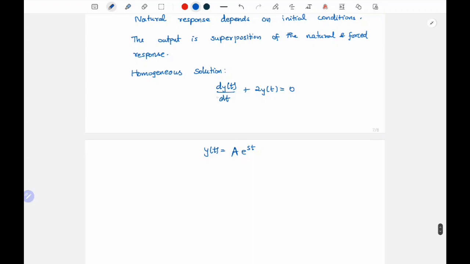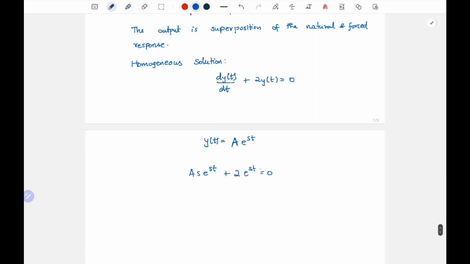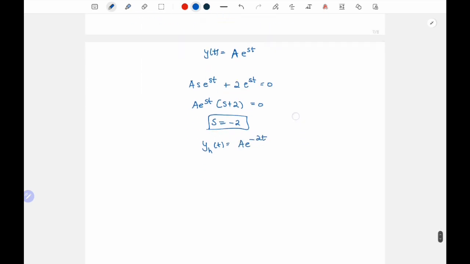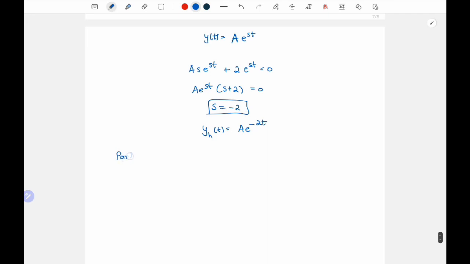Okay, so if we put this equation here, differentiation of e power st will be s e power st. So it will be sA e power st plus 2A e power st equal to 0. So A e power st is common. We get s plus 2 equal to 0. So it is just nothing but s is equal to minus 2. So our yh of t is nothing but A e power minus 2t. So now let us find the particular solution.